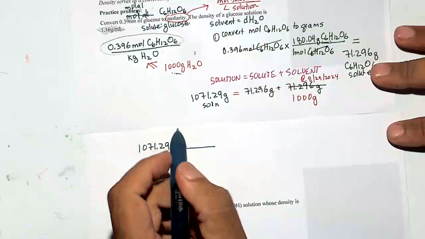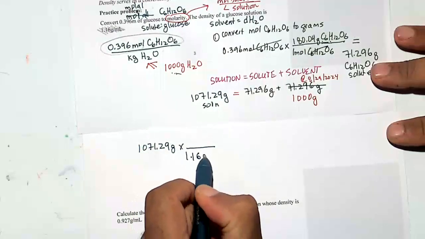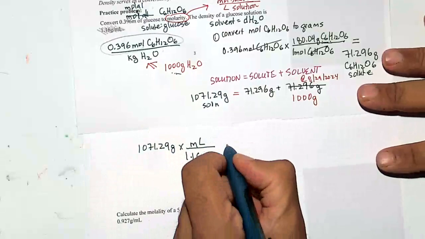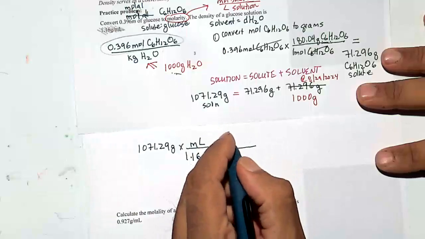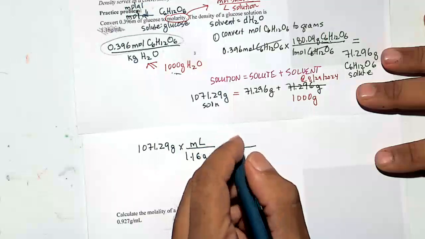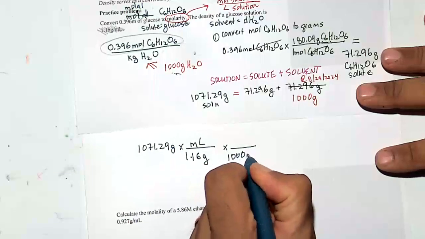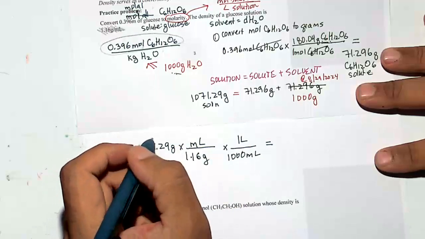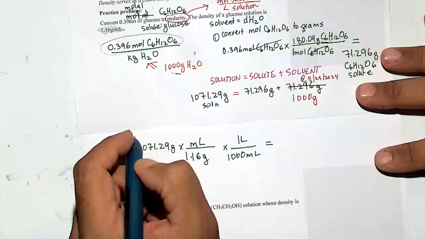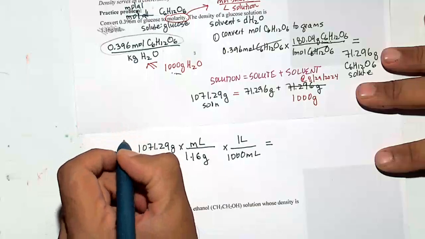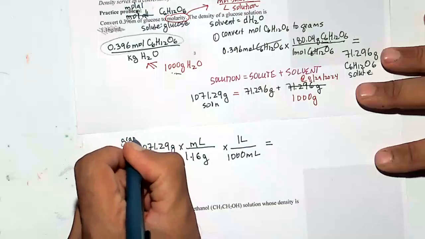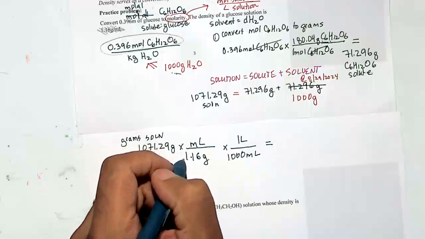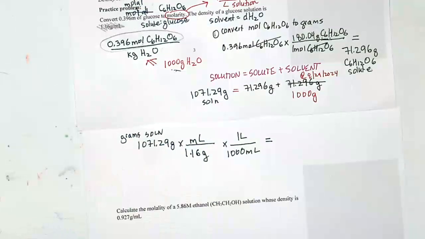I'll take the 1,071.29 grams, put the 1.16 grams at the bottom and the milliliters on top. Let's convert that to liters: 1,000 milliliters is 1 liter. This gives us the volume of the solution in liters. So what's 1071.29 divided by 1160?